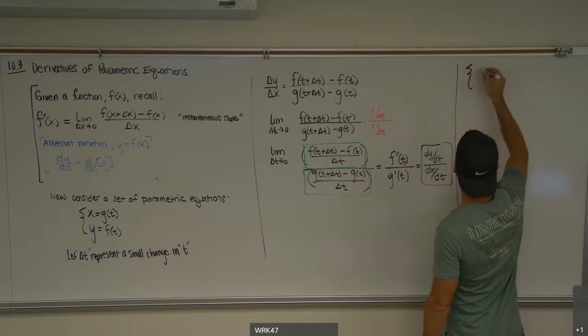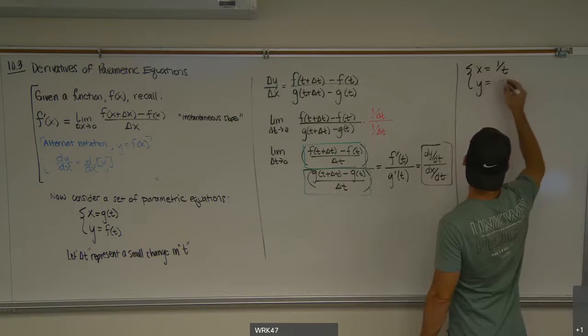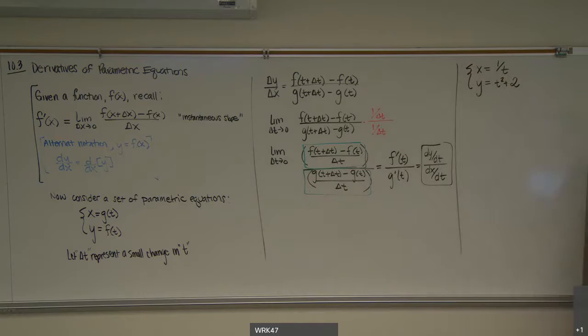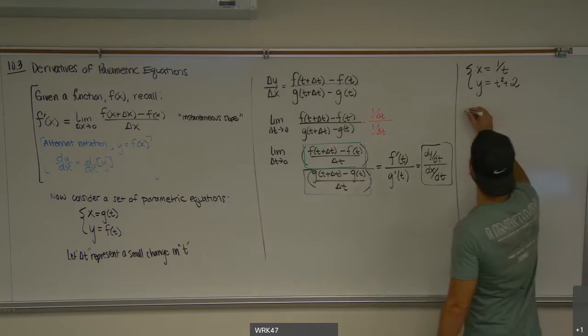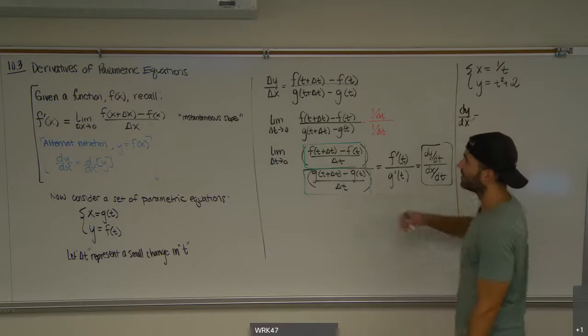Say we have something like this. x is 1 over t. y is t squared plus 2, and I ask you for the derivative of this set of parametric equations, dy/dx.